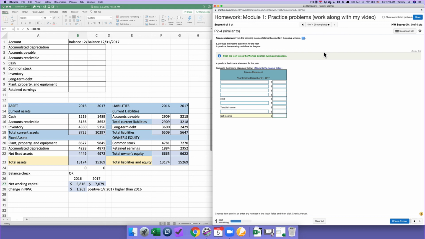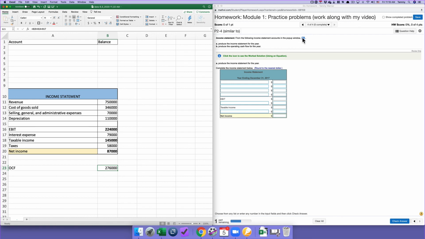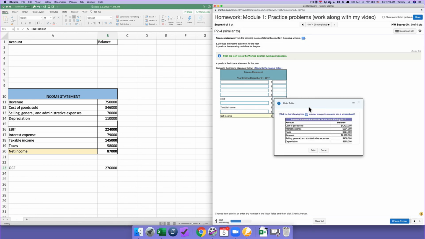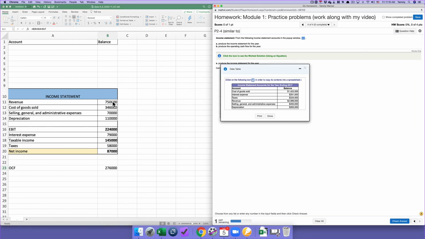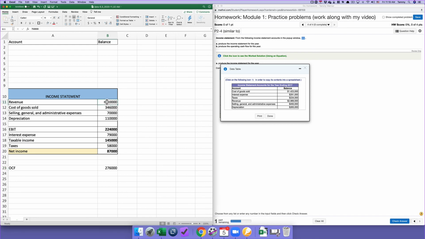Okay, so here we have, it looks like, a similar income statement problem. And again, I'm not going to take you through this. I don't want this video to be 10 years long. I just want you to go to the other spreadsheet that we just did, the income statement spreadsheet, wherever it is. Go to the income statement spreadsheet and re-enter the new data, so you zero these all out.